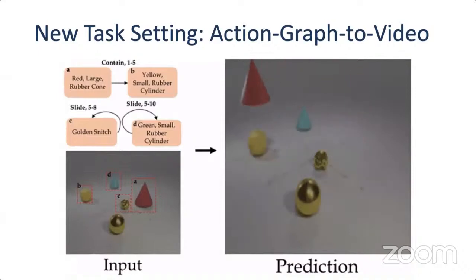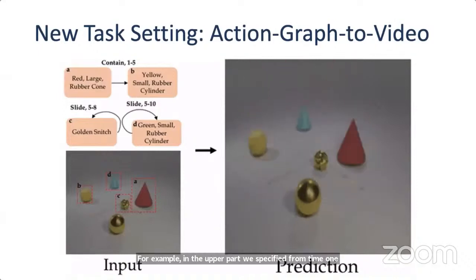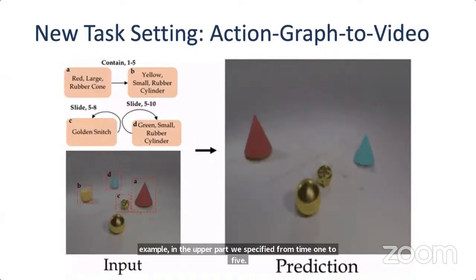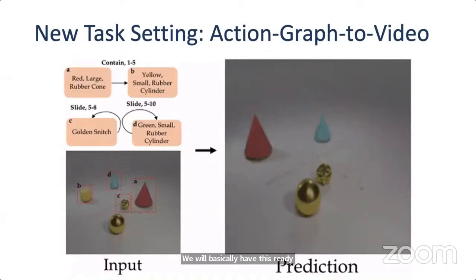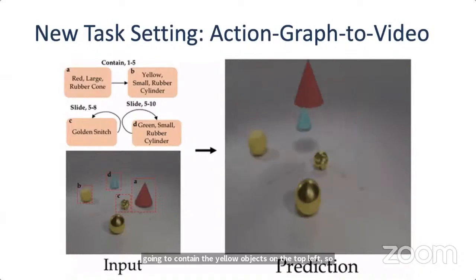For example, in the upper part, we specify from time 1 to 5 that this red large rubber cone is going to cover the yellow object on the top left. Given this graph and the initial image, we can generate the video on the right as the output. You can see it follows that the red cone is covering the yellow object according to the graph.